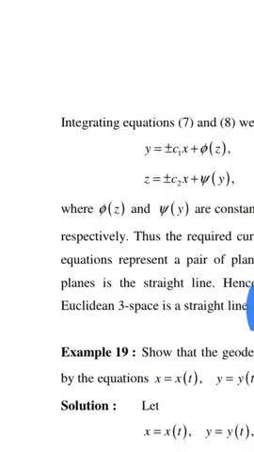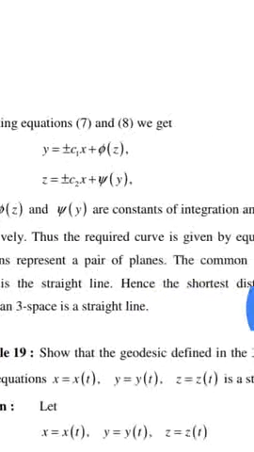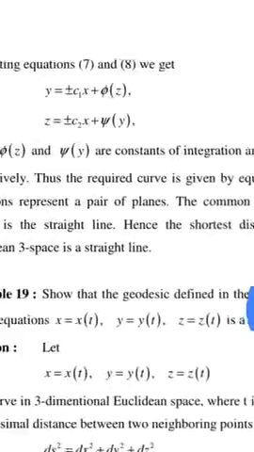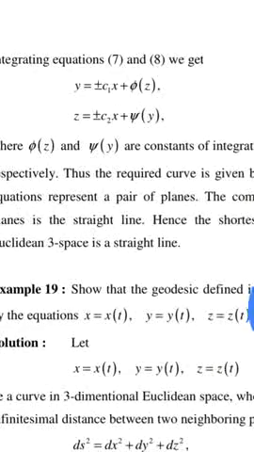Integrating, we get y = ± c1x + φ(z), and z = ± c2x + ψ(y), where φ(z) and ψ(y) are constants of integration and may be functions of z and y respectively.